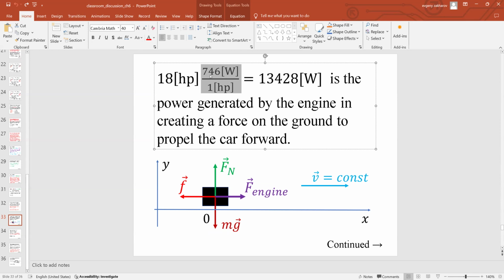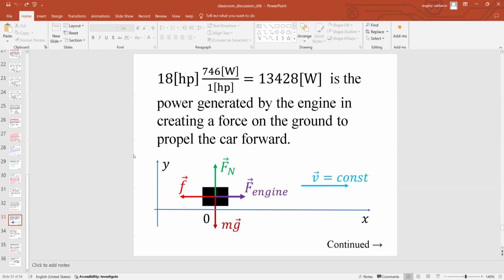So 746 watts. Horsepower disappears, you multiply by 18, and the total power from the engine is about 13 kilowatts, 13,000 watts and some change. This is what's given.